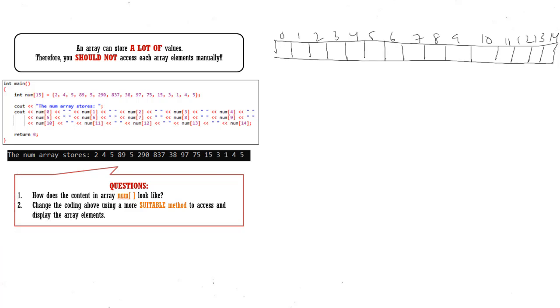So you have 2, 4, 5, then 89, then 5, 2, 90, 837, you have 38, 97, 75, 15, 3, 1, 4, and 5. Let's change the color so that you can see this a bit better. There are a lot of numbers stored inside this array called num.